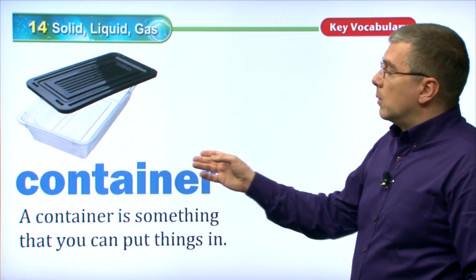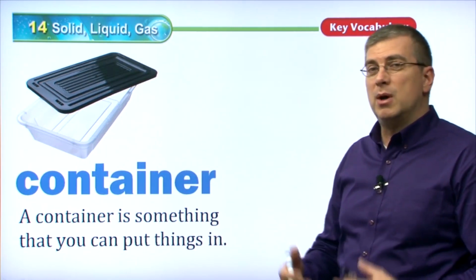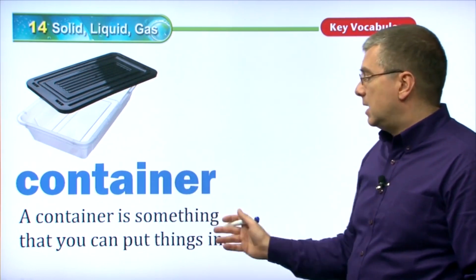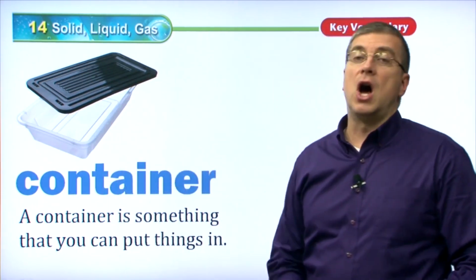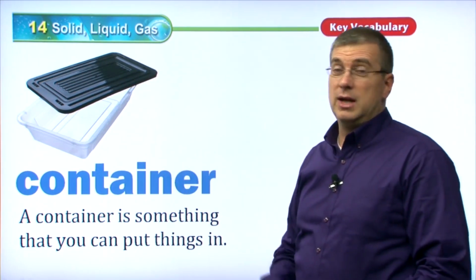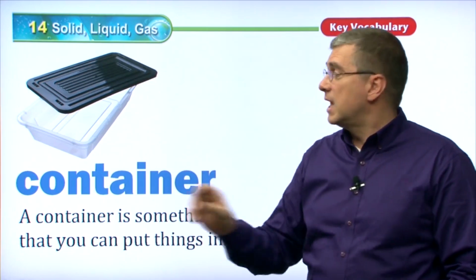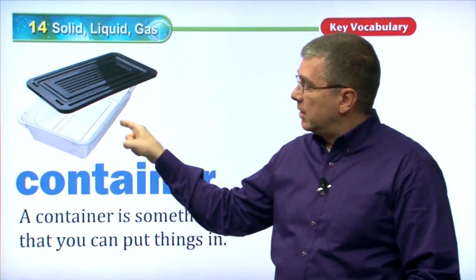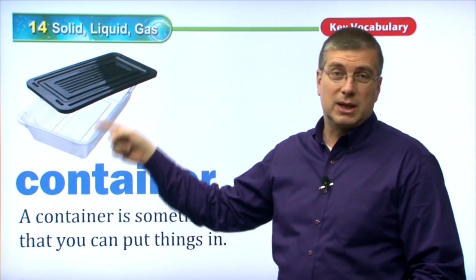Okay, we talked a little bit about a container. We talked about liquid will take the shape of its container. A container, of course, is something that you can put things in. Now, sure, you could put solids into this container. If we had those marbles we saw at the beginning, the spheres, if we put the marbles in this container, the marbles will still be spheres. They won't take the shape of the container.